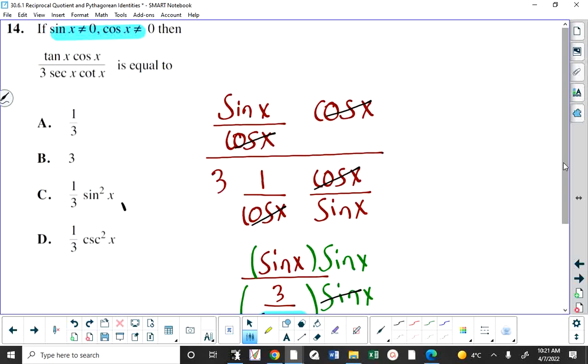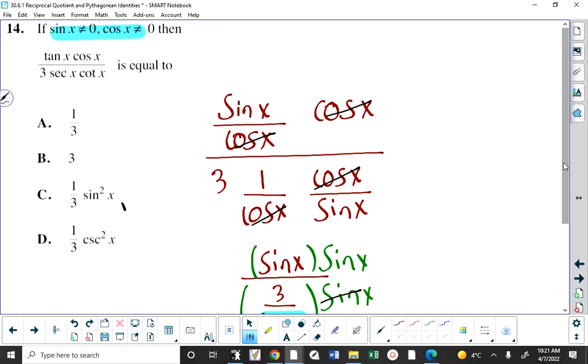These non-permissible values should technically be there, but we don't necessarily have to write them. It's a good point. If we say we have non-permissible values that come out of sine x not being equal to 0 and cosine x not being equal to 0, it doesn't matter what we get, those non-permissible values survive. We'll talk more about that at the end of this course.